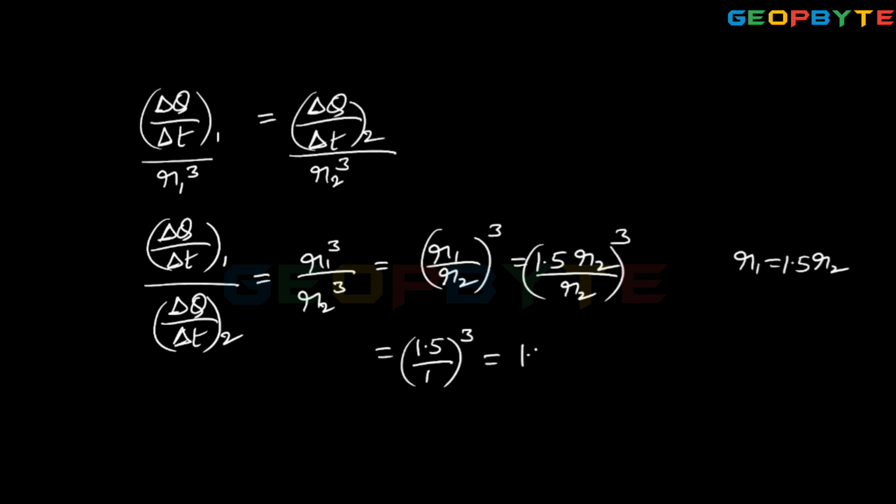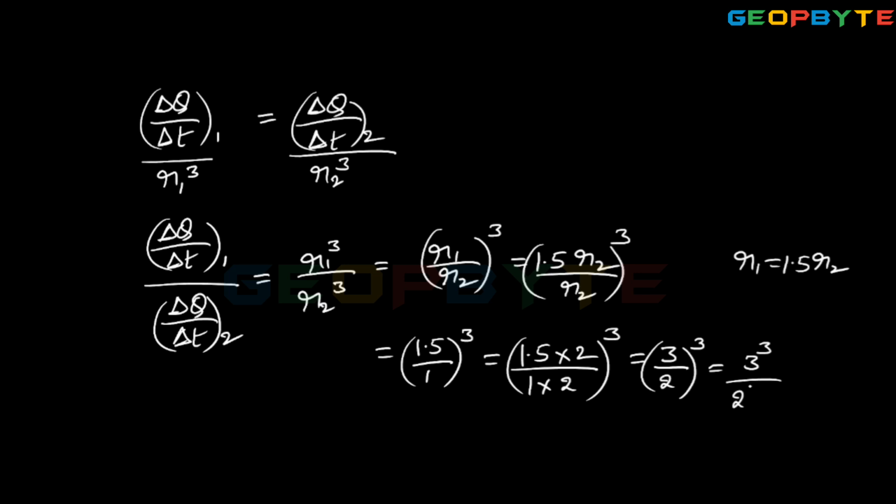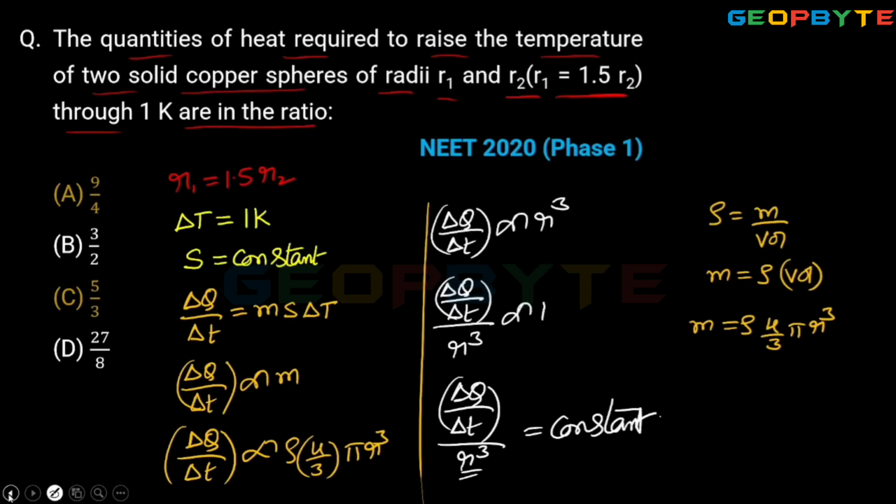That can be written as 1.5 into 2 divided by 1 into 2 whole cube, which is 3 by 2 whole cube. It is 3 cube by 2 cube. 3 cube is 27, 2 cube is 8, so 27 by 8. Look at the options. Option D is absolutely correct. Understood clearly?